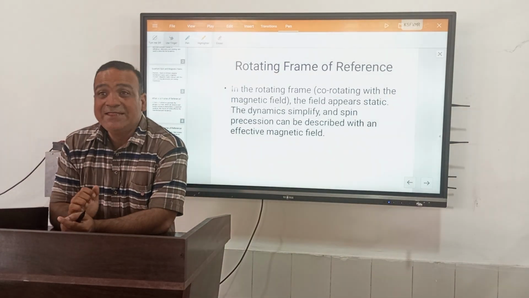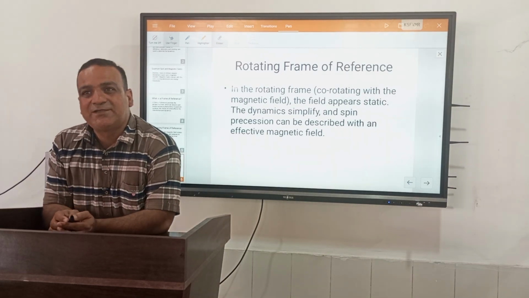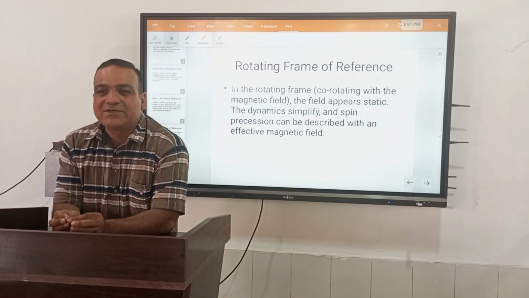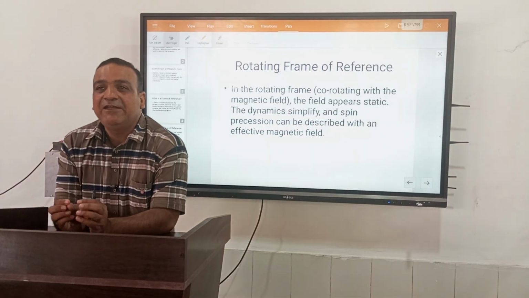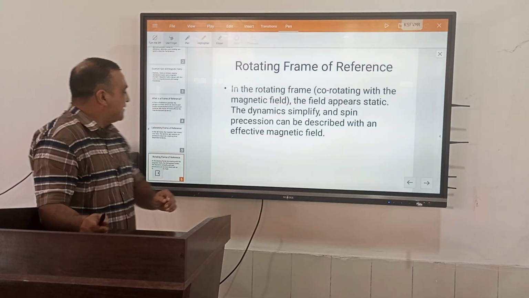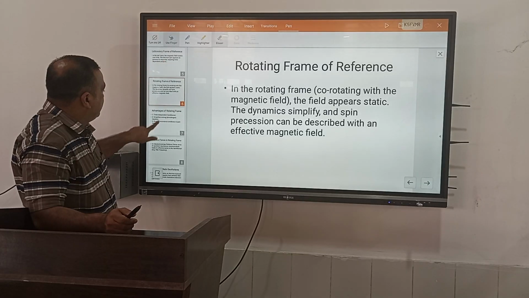But here, in this case, you are taking away the precession of the system, and your problem purely becomes a constant problem, because you have to calculate the effective magnetic field of your system. So this is how it simplifies our problems.